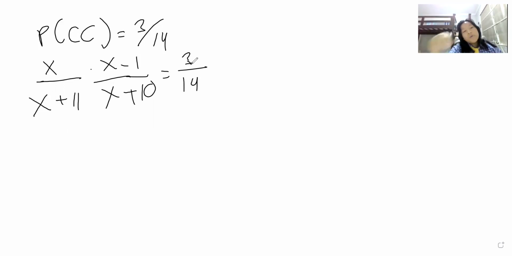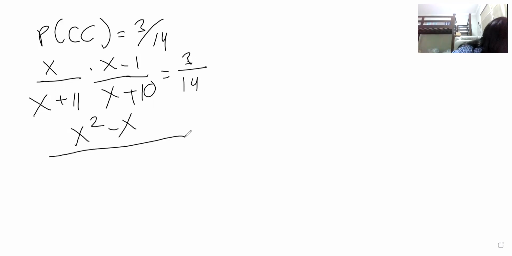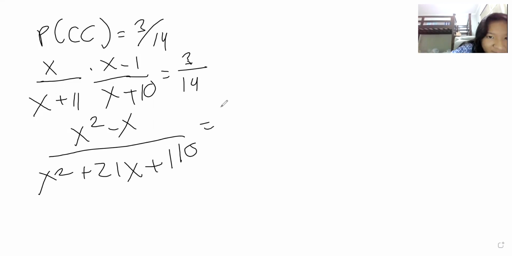We can work our way to find X from this. It will be quite long, but it's similar to the previous number. So I will multiply these numbers first. It will become X squared minus X over X squared plus 21X plus 110. This one is still 3 over 14.